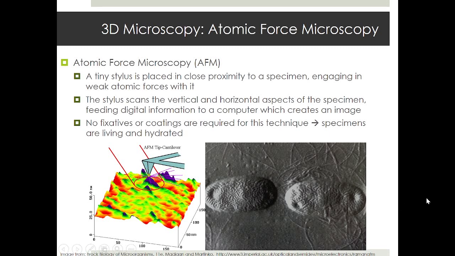If you take a look here, these are some cells that have texture because this little tiny stylus dragged itself across the surface and it can read all the peaks and valleys and send these little bits of information to the computer. And then you end up with a very nice picture. Who would have known that cells that are super tiny are ribbed?